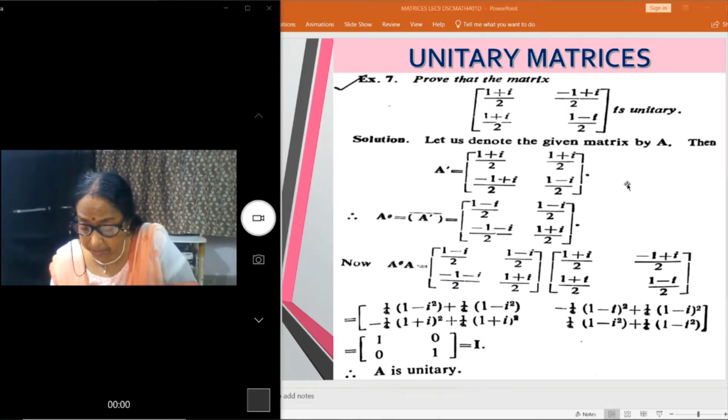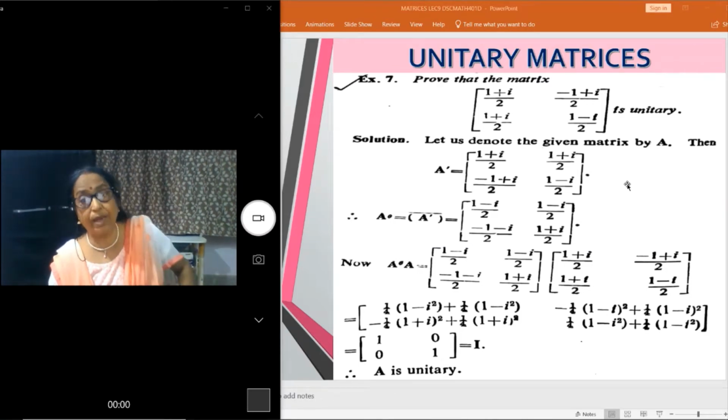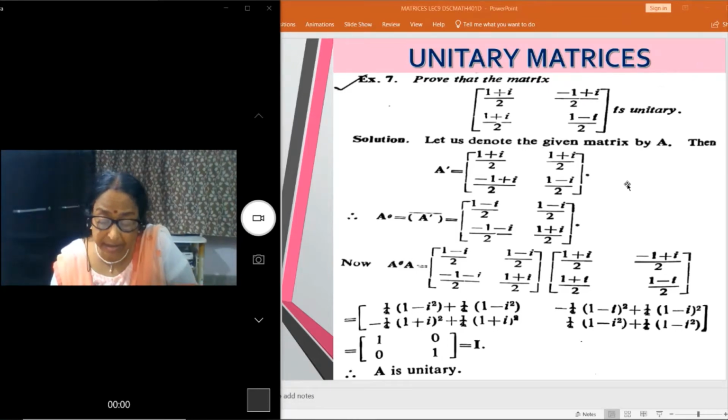Now I will explain, prove that the matrix given, (1 plus i)/2, (-1 plus i)/2, whatever you can see on your screen, is a unitary matrix. Unitary matrix means you have to find A theta. So A theta is nothing but first taking the transpose and then the conjugate, or first taking the conjugate of A and then taking the transpose, that is equal to A theta.